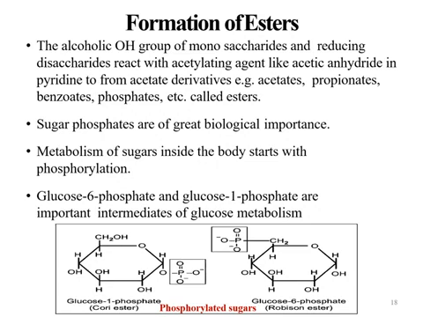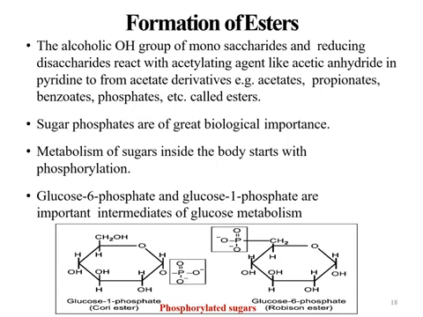For example, if you recall glycolysis, which I think you have studied in your previous classes, the first step is that glucose is phosphorylated to form glucose 6-phosphate, and then a series of reactions gets started, the breakdown of glucose proceeds, and energy is ultimately produced. So phosphorylation has great biological importance. Glucose 6-phosphate and glucose 1-phosphate are important intermediates of glucose metabolism.